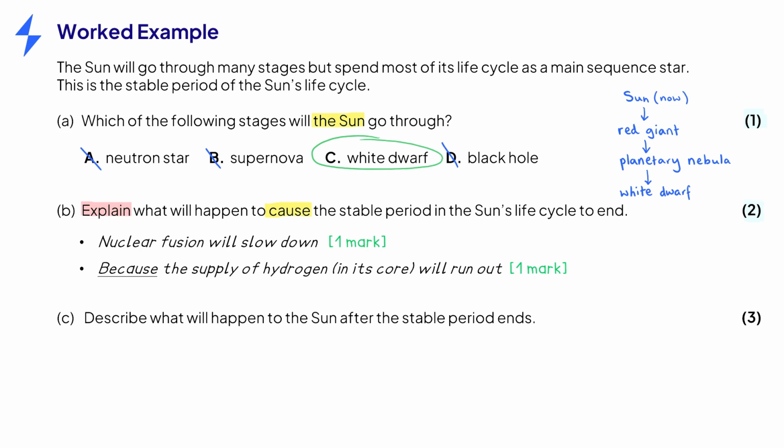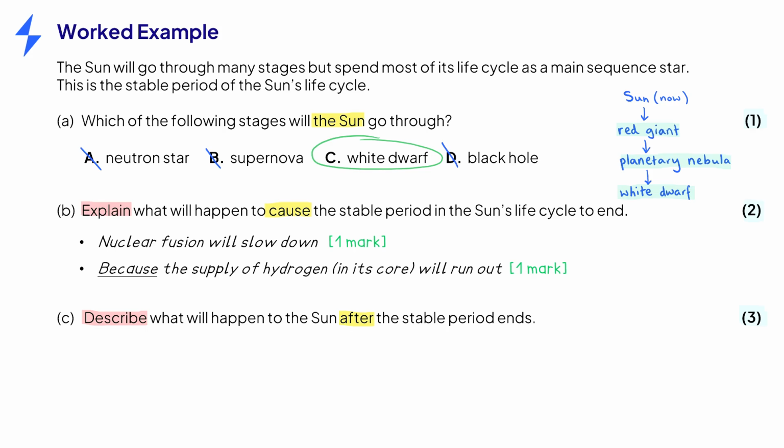Then Part C asks us to describe what will happen to the Sun after the stable period ends, for 3 marks. In Part A, we said the Sun will become a red giant, then a planetary nebula, and then a white dwarf. When you see the command word describe, it isn't usually enough to only state the names of the stages. We need to give some more detail about the physical changes that will occur.